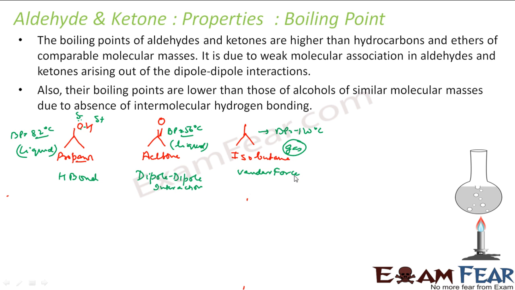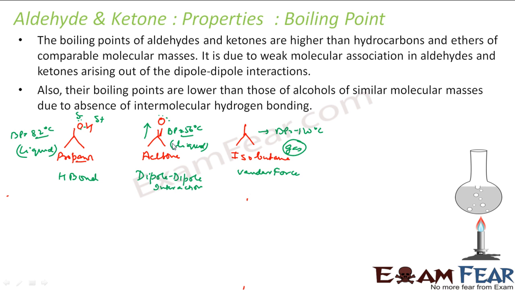So the molecular mass is almost comparable, but because of the hydrogen bond or dipole-dipole interaction, they differ. Acetone has a dipole because of the overall electronegativity of oxygen. So we have studied these dipoles. Even if they have the same molecular mass, this one has hydrogen bond, so it has a higher boiling point and it is a liquid.